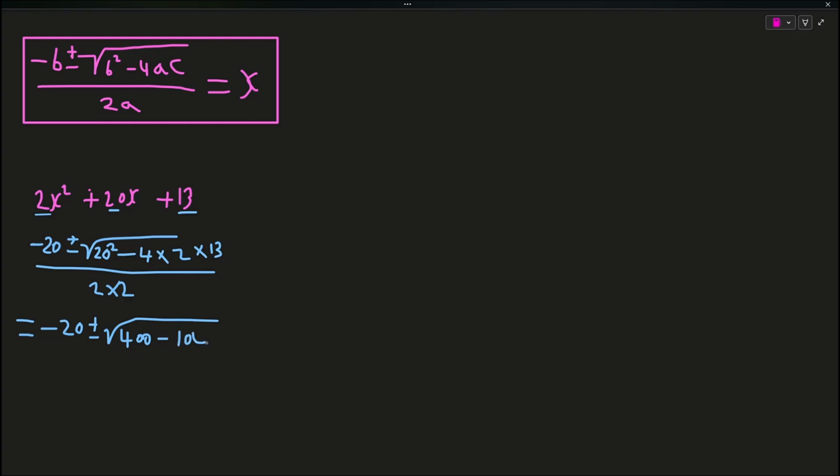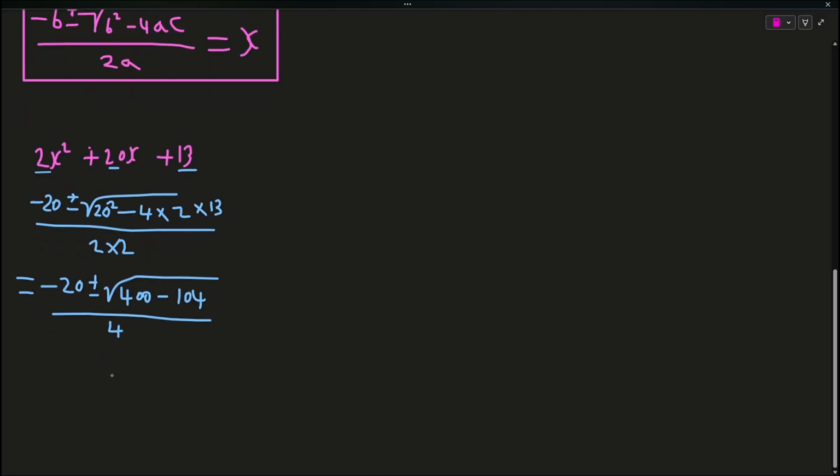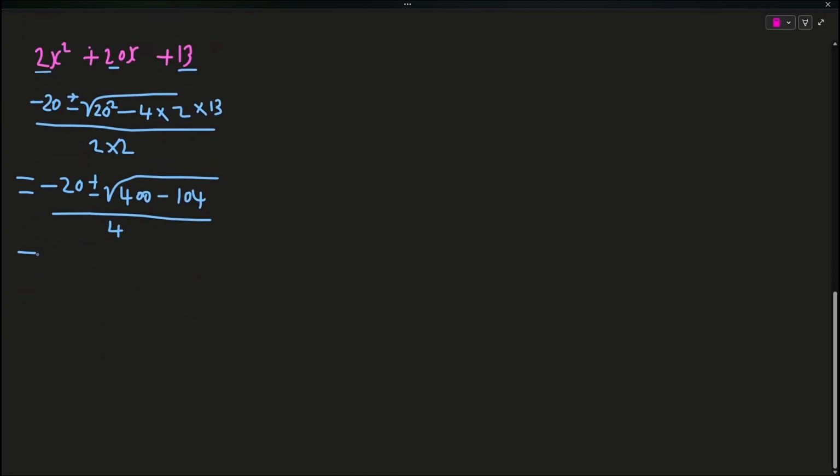So minus 104 over 4. Okay. So now we have minus 20 plus minus square root of 400 minus 104, which is 296. So 296 over 4.